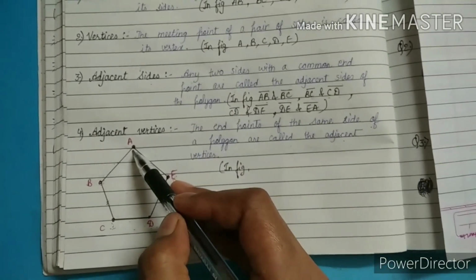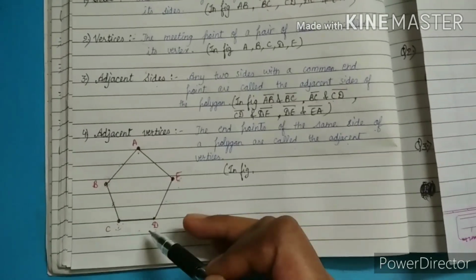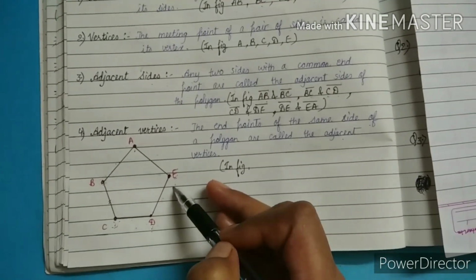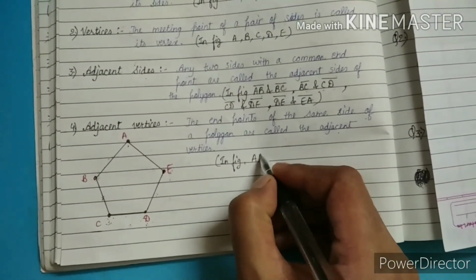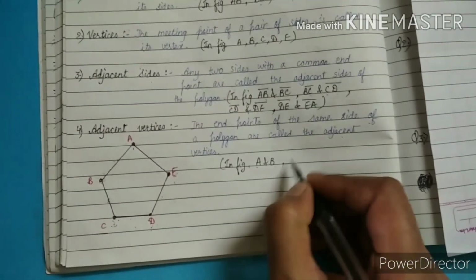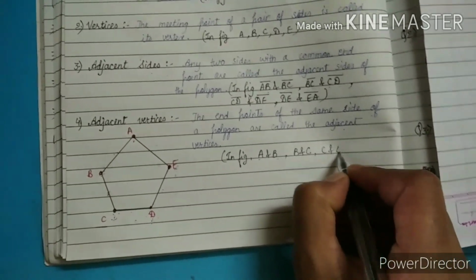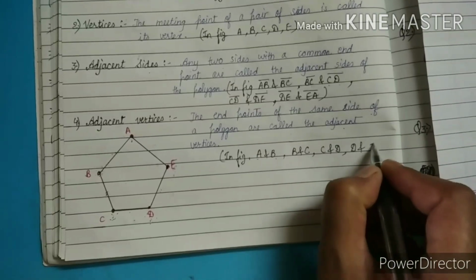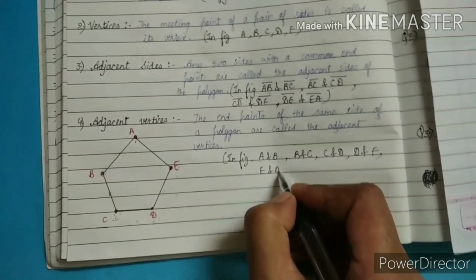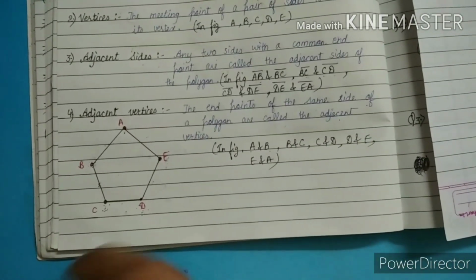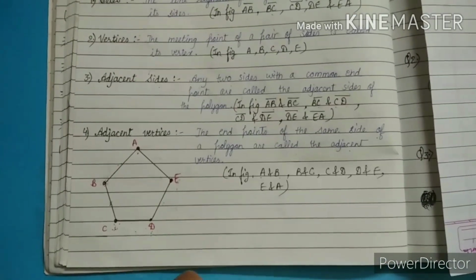Here the neighbor of A is B, the neighbor of B is C, the neighbor of C is D, the neighbor of D is E, the neighbor of E is A. So we start from A and B, then B and C, then C and D, then D and E, and last is E and A. They are adjacent vertices. The same manner we have to follow.